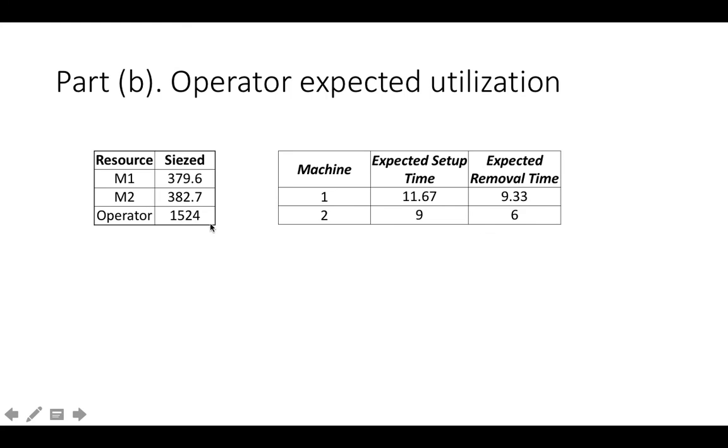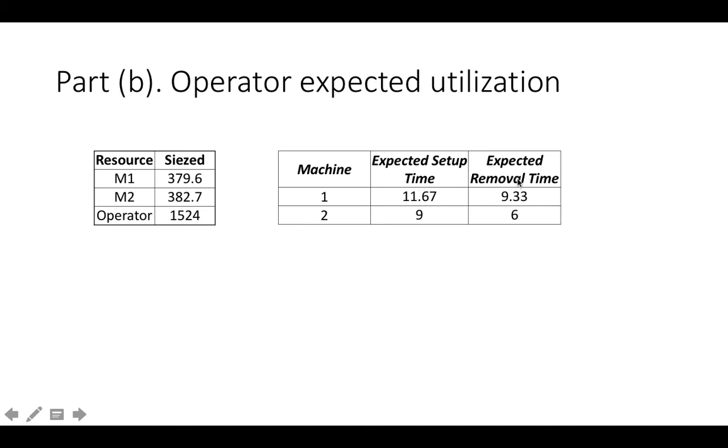But remember that we have two different processing times. I mean, the processing time is different if the part was seized by machine 1, or if it was seized by machine 2. So that's why we need to break that value in two: the number of parts that were seized by machine 1 and by machine 2. And if we seize one part in machine 1, the operator is involved in two operations: the setup and the removal.